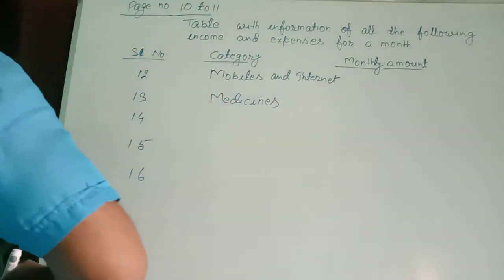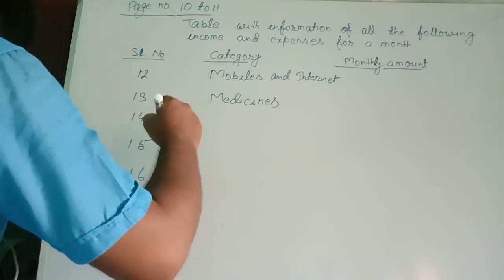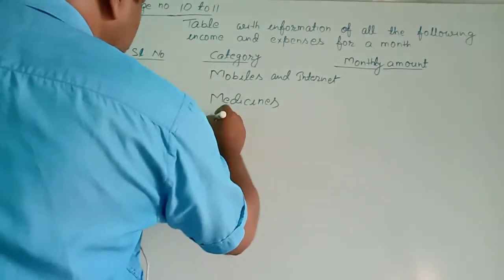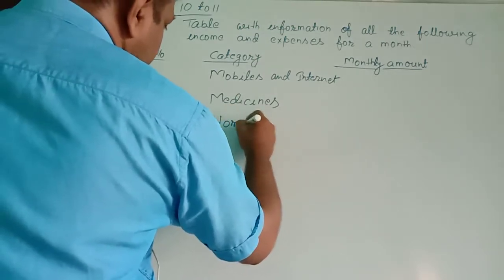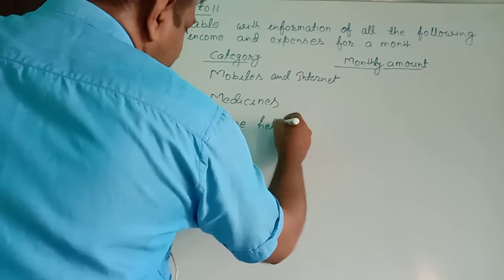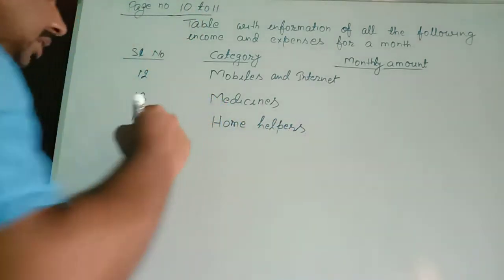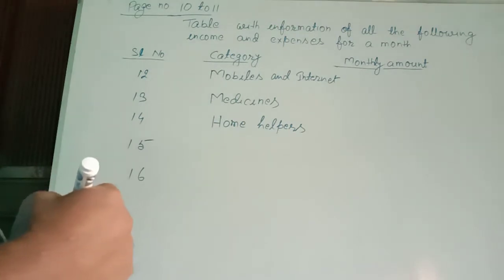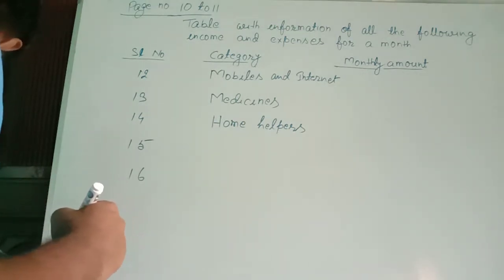Number 14, home helpers. Who are home helpers? Suppose you have a maid or servant, the expenditure on them.